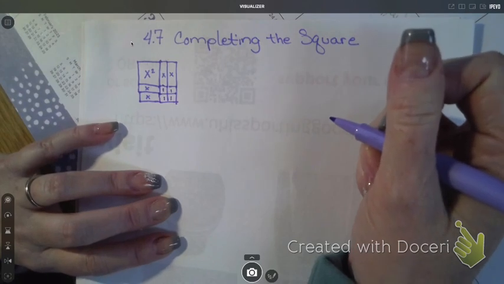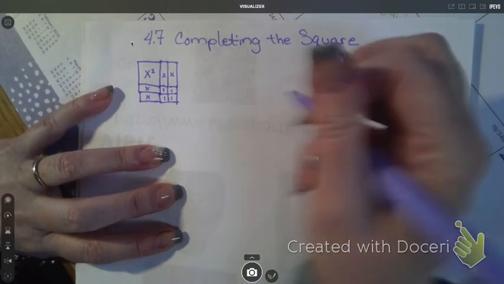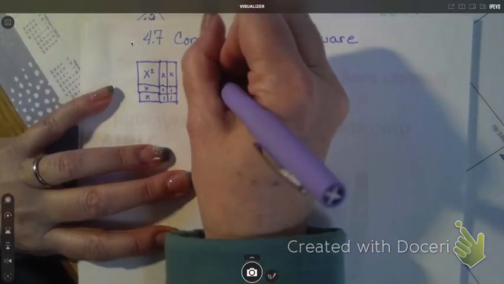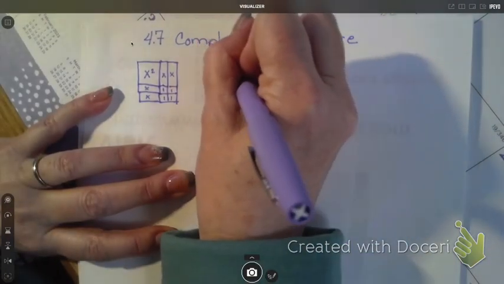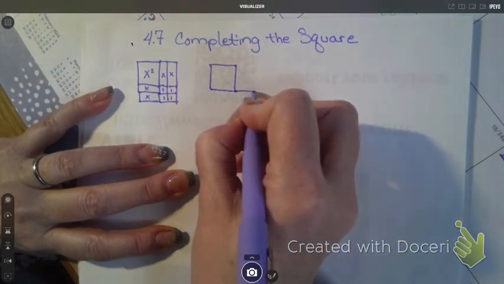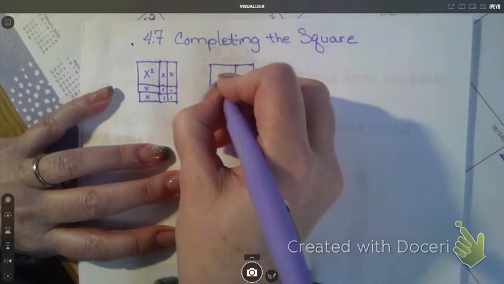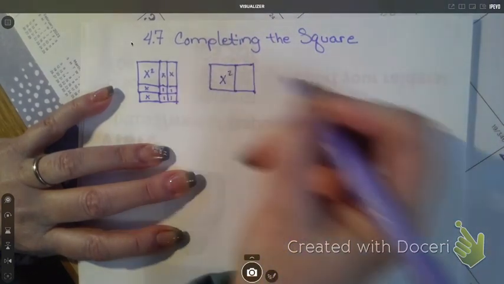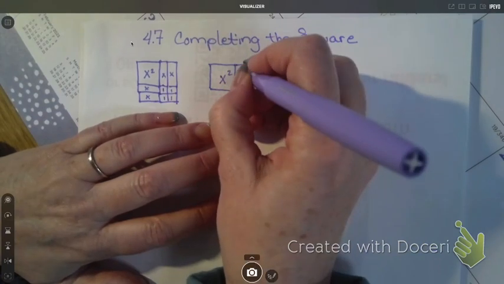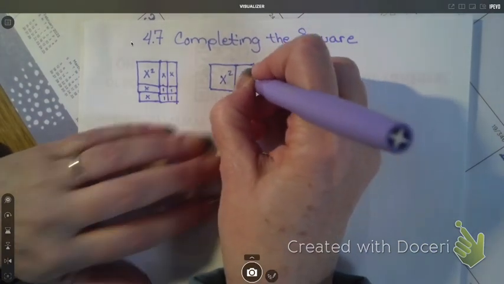Okay? So how we do that is... I got a question. What was the point of this at all? Well, it's a different way to solve a quadratic equation. Okay, so this is going to be x squared, and this is going to be b over 2x.